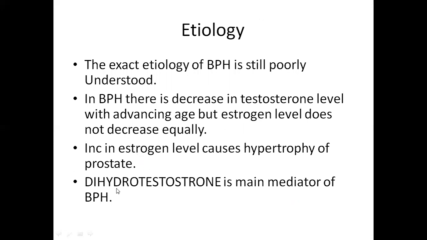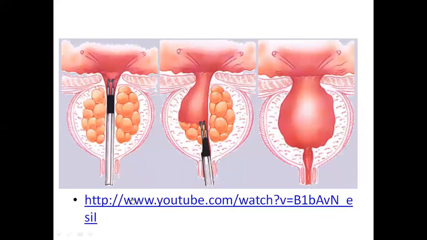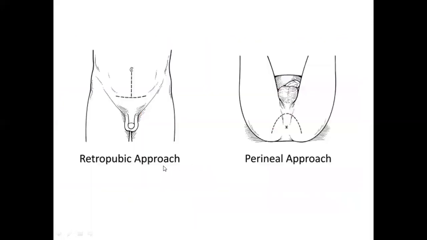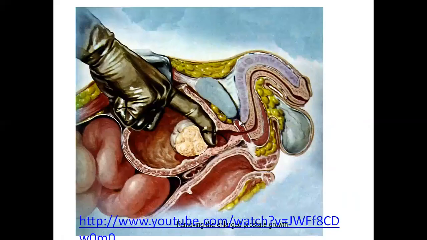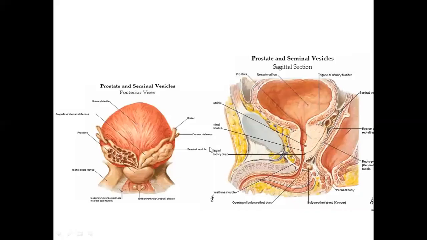Dihydrotestosterone is the main mediator of this condition. So we can see this is the prostate gland, which is being scooped out in case of prostatic hypertrophy. We can go by the retropubic approach or the perineal approach to reach the prostate gland. I was talking about, see, this is the prostate being removed from the neck of the urinary bladder.